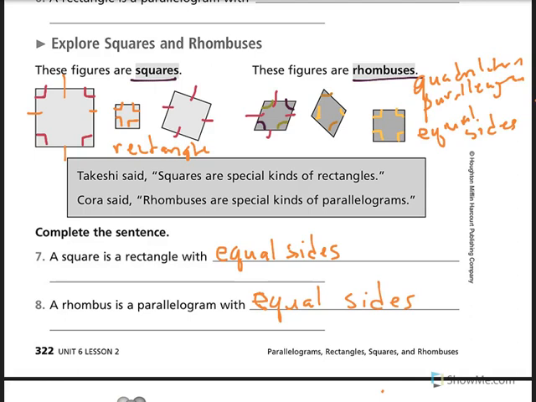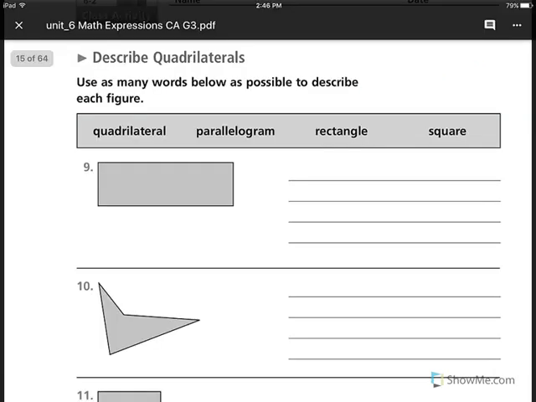Now, I know this is a lot of information. We're going to keep working on this throughout the unit and a little bit throughout the year. It's a lot to remember, so just keep going with me, but it's a lot of labeling that we're doing right now. So, quadrilateral means 4 sides.